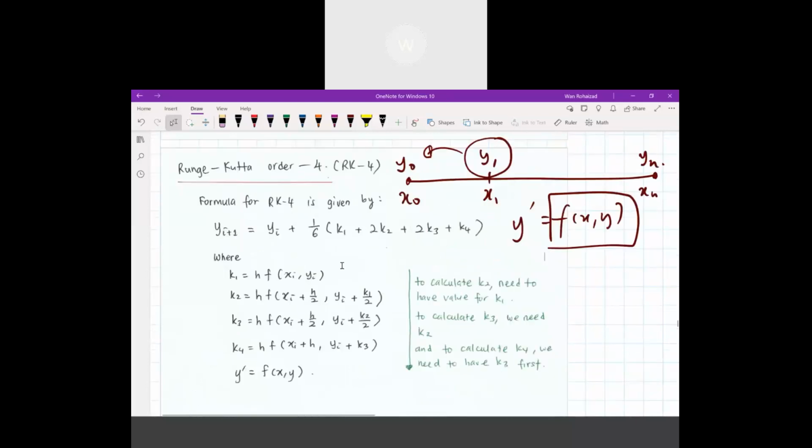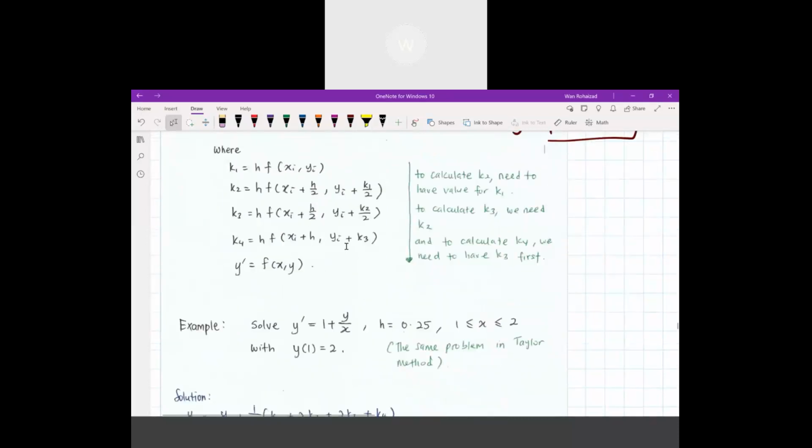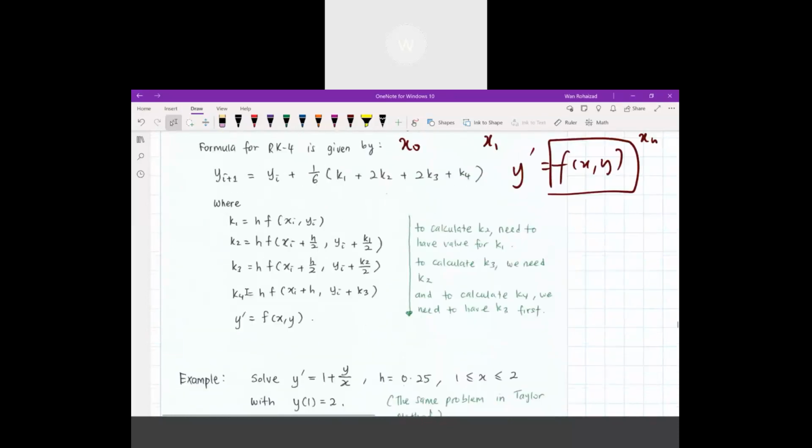That is the formula for Runge-Kutta method order 4. After we calculate k1, k2, k3 and k4, we substitute into the main formula and calculate to obtain the next value for y.